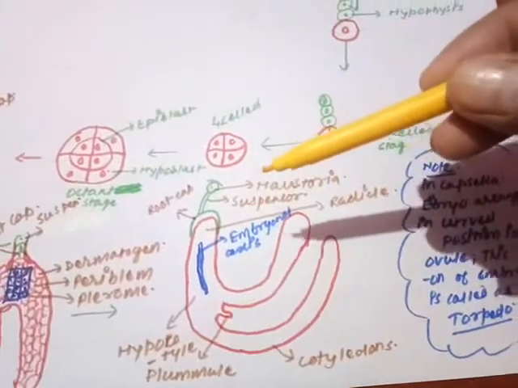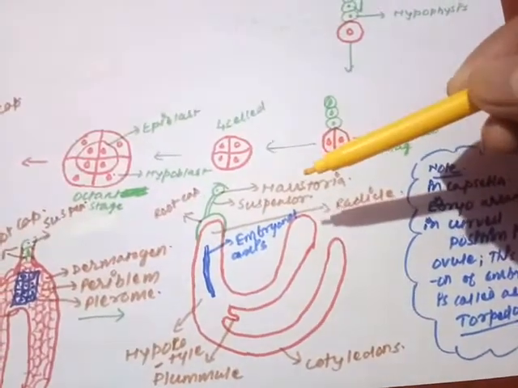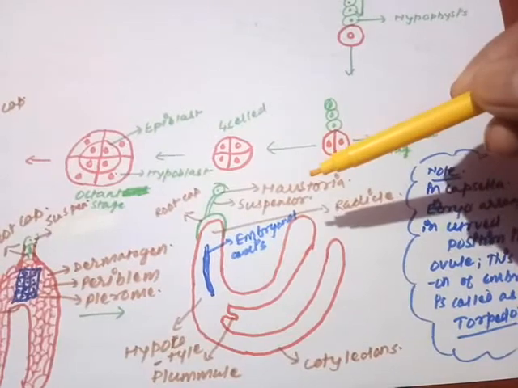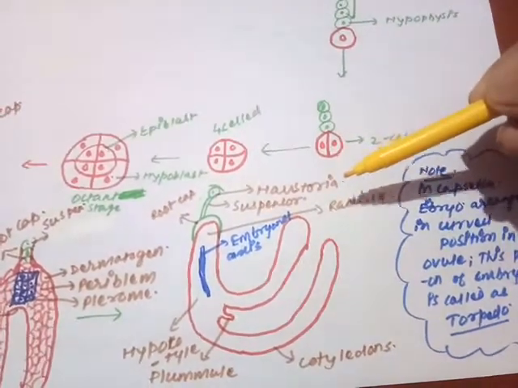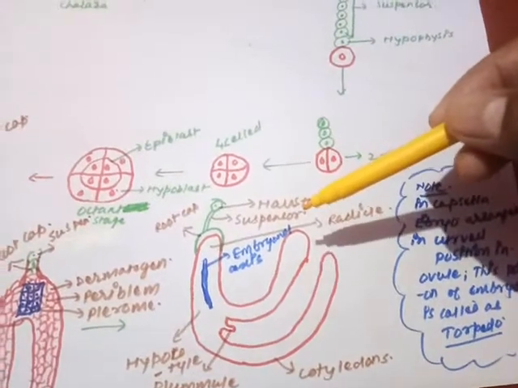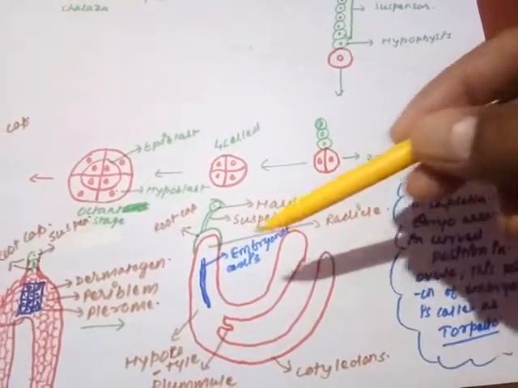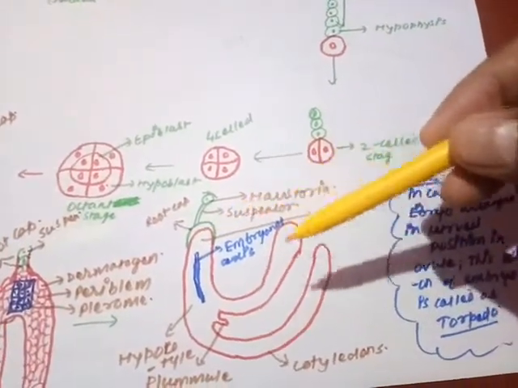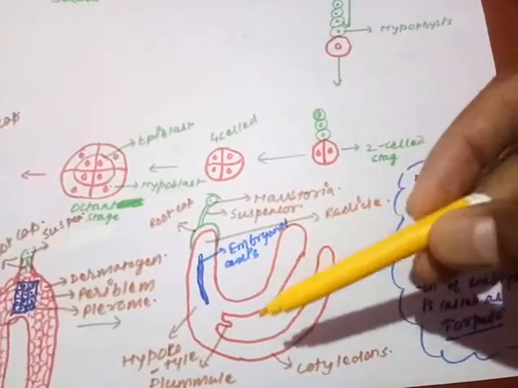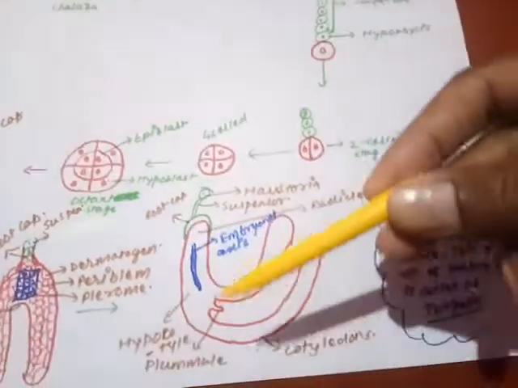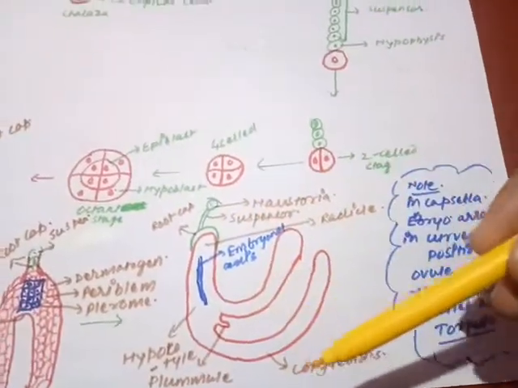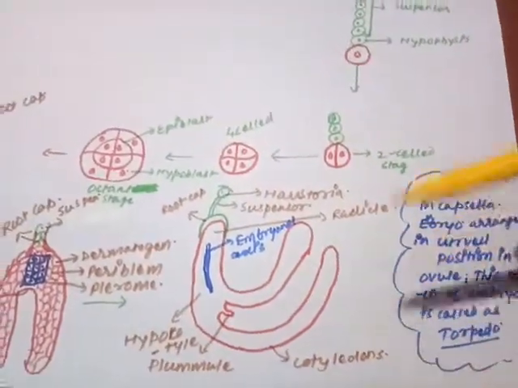This is very important, and it is always asked to relabel the diagram, and even the function is asked. Haustorium, you know, derives the nutrition; suspensor pushes the embryo into the endosperm; root cap protects the root; embryonal axis, development of embryo; radicle, root system development; hypocotyl, epicotyl, plumule, shoot system development; cotyledon, reserve food energy.